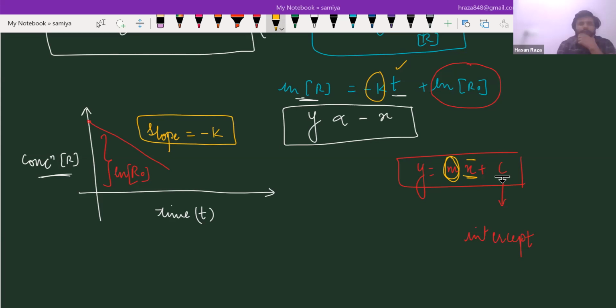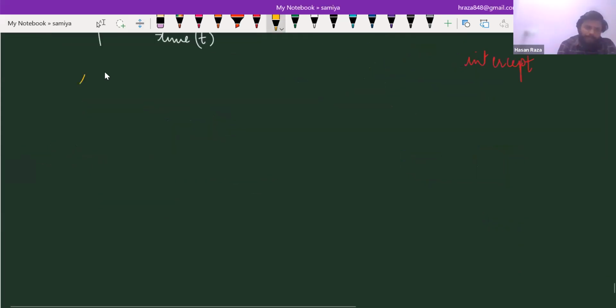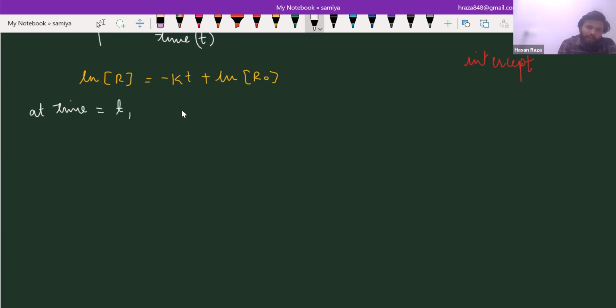Now see, I just did it for t equals 0 to final. Now again taking the same equation, ln R equals minus kt plus ln R naught. Now this is for t1 to t2. So at time equals t1, let's say the concentration is R1, and that's why it becomes ln R1 equals minus k t1 plus ln R0, the initial concentration as it is.